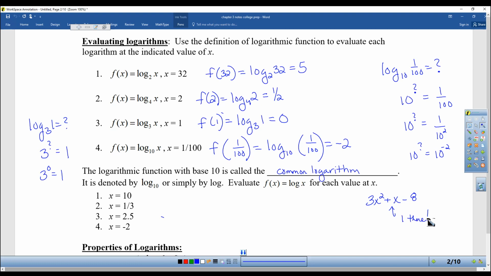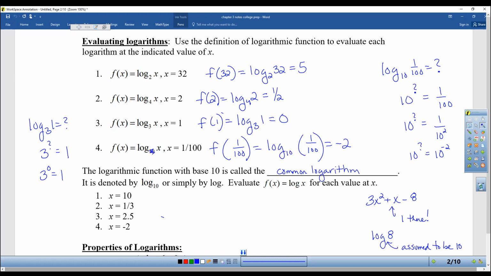You can't see it, but everybody knows there's a 1 there. Similarly, if you don't see a base with the log, if it just says log of 8, that is assumed to be 10. That's how common it is. So instead of seeing log base 10, you're never going to see that. You're just going to see log.